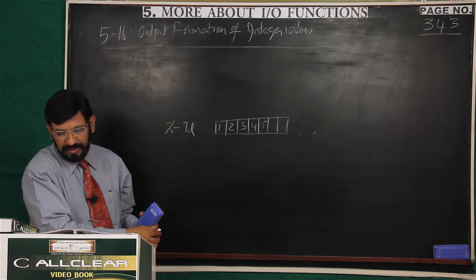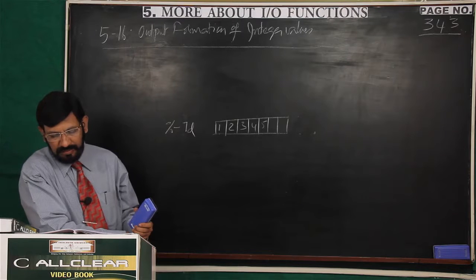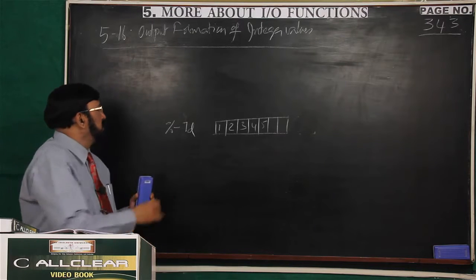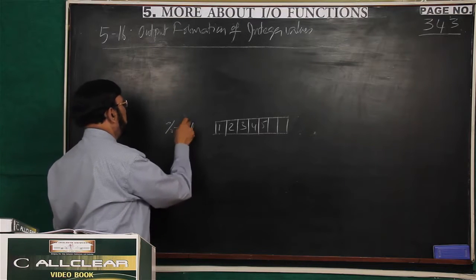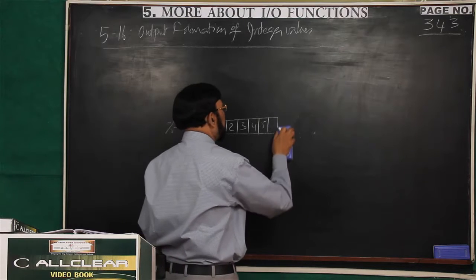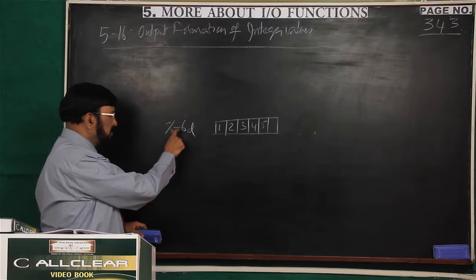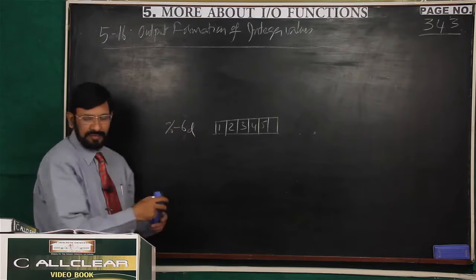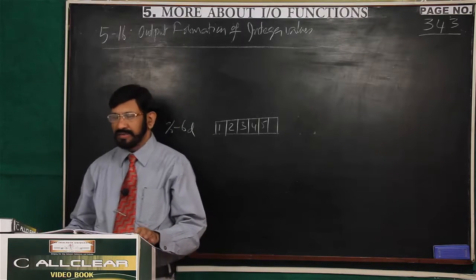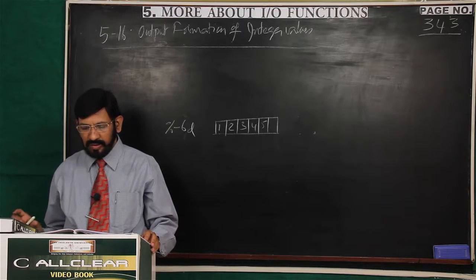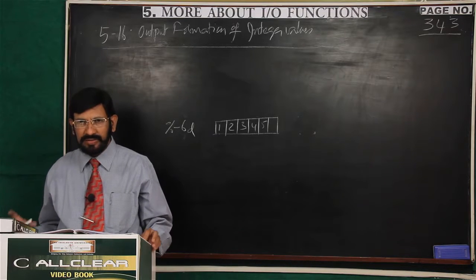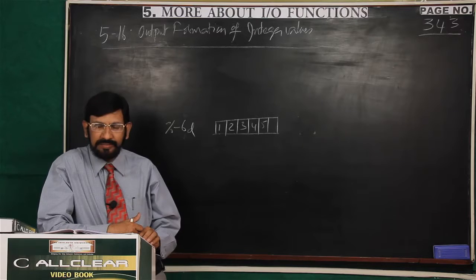That is the meaning. Next, you see minus 6D. What do you mean by that? 6 spaces are to be allocated for your number, and because of this minus flag your number is printed with the left justification. So, right justification can be converted into left justification by inserting a minus flag.